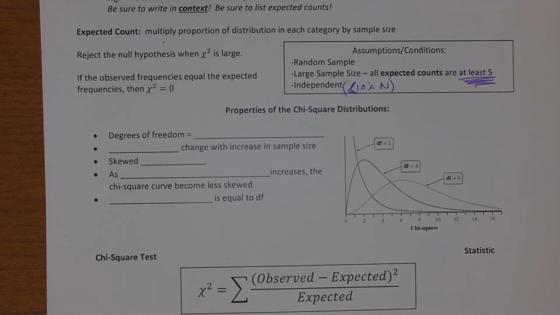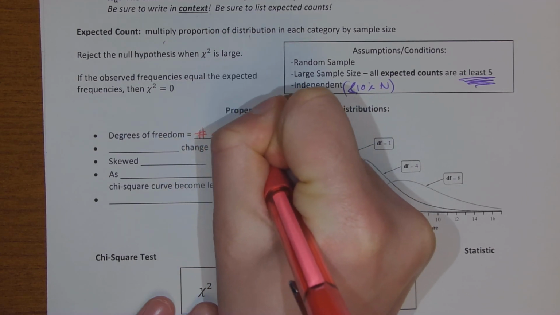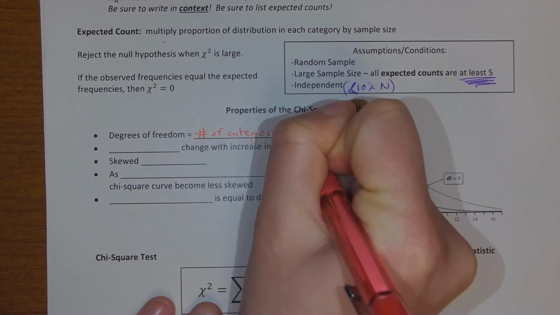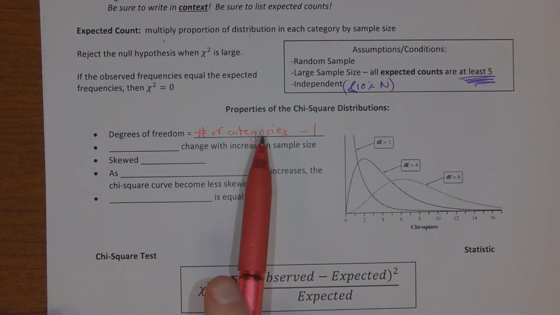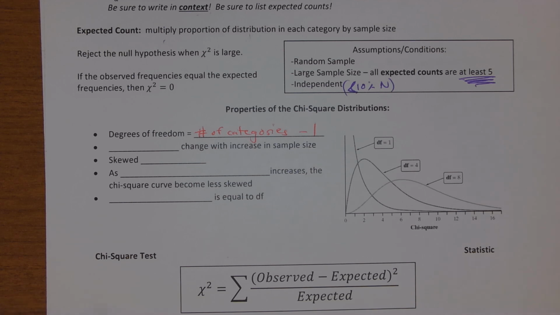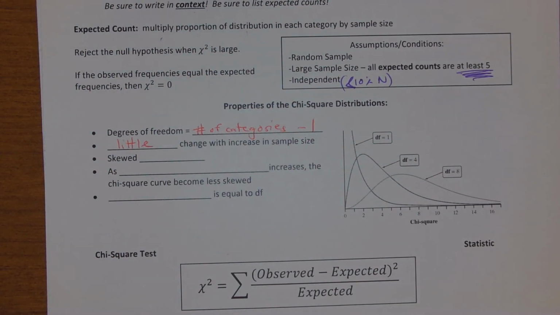Some properties of our chi-squared distribution. First of all, our degrees of freedom is the number of categories minus 1. Not the sample size minus 1, the number of categories minus 1. There's little change with an increase in sample size.